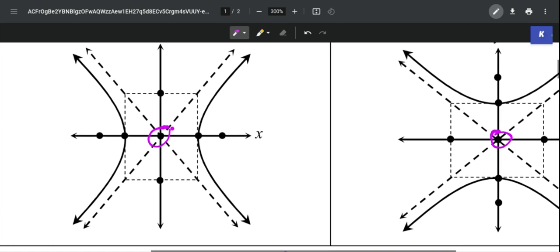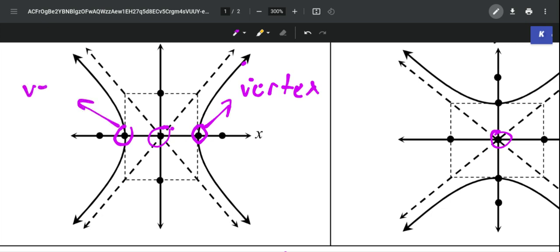All right, so now we're going to look at our vertices. Our vertices will always be where our actual lines go through. You see how each of these lines go through those points? Those points are the vertices. Here we have a vertex, here we have a vertex.